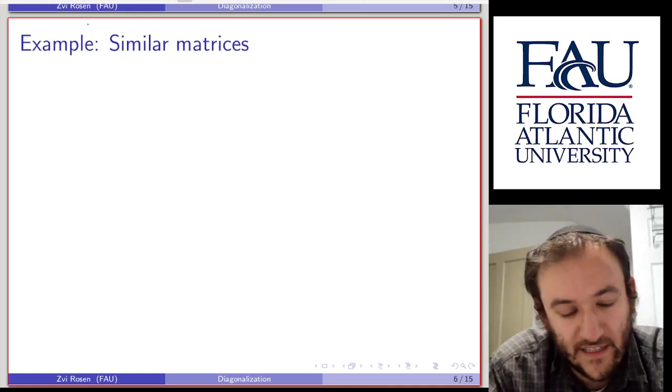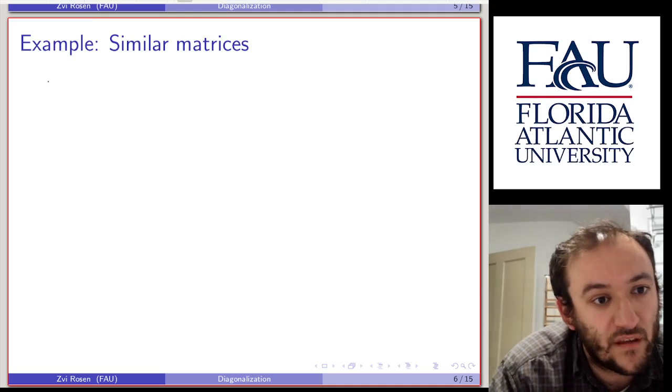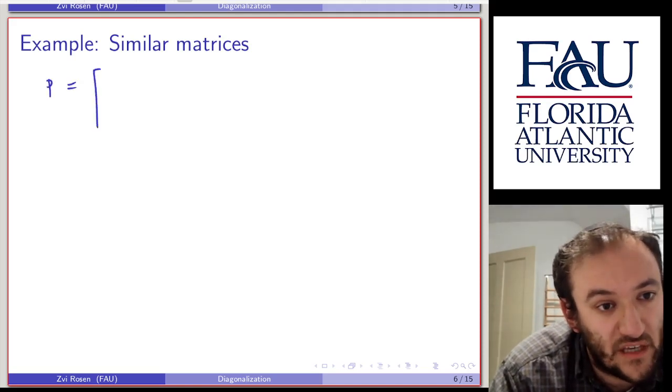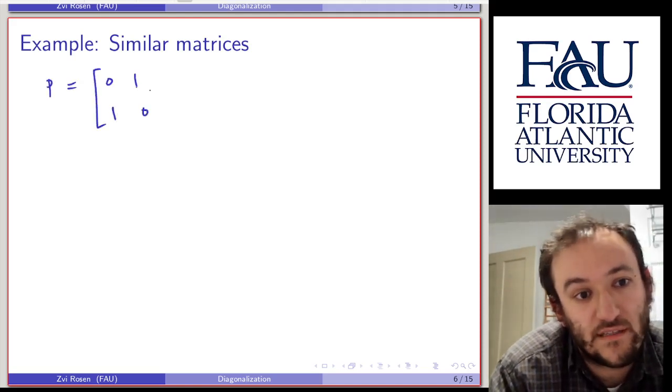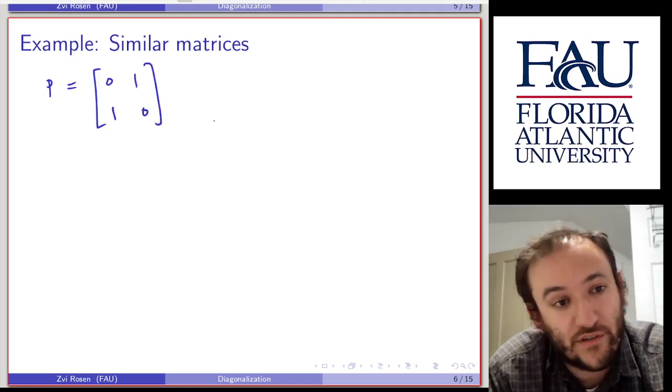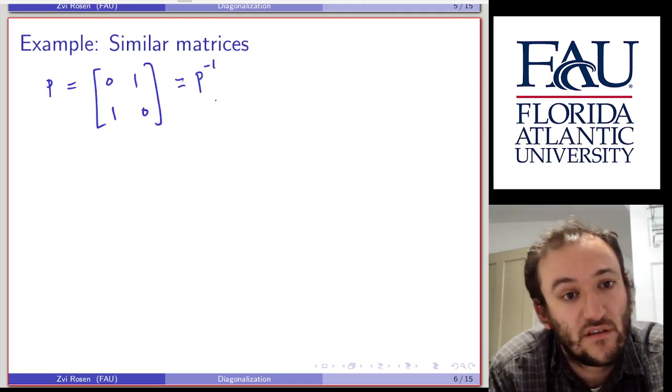Okay, so let's take a quick example. If I have the matrix P equals 0, 1, 1, 0, P is its own inverse, so this is equal to P inverse.